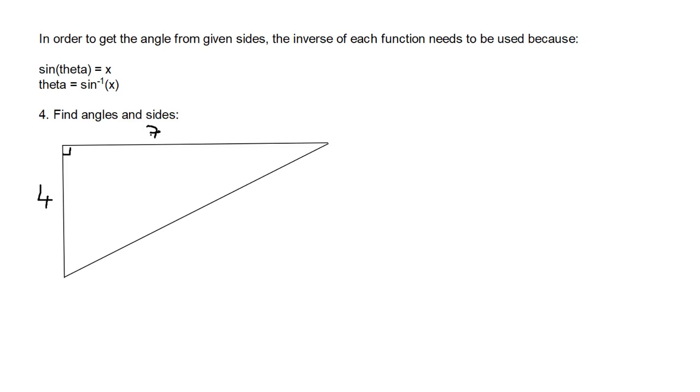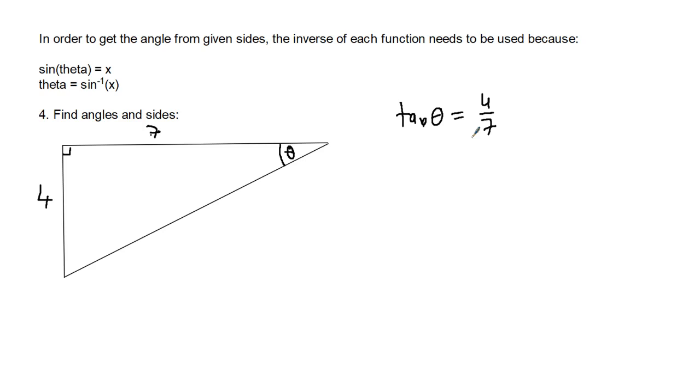We have 4 and 7. So let's say our theta is right here. We have opposite over adjacent, so tan theta is equal to opposite over adjacent, 4 over 7.